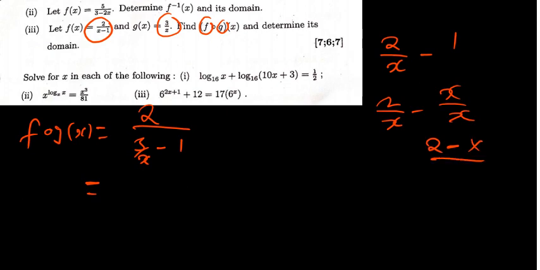Last time I told you that if I have this, it's the same as 2 over x minus x over x, because x over x is the same as 1, meaning the denominators are the same. It's going to be 2 minus x over x.